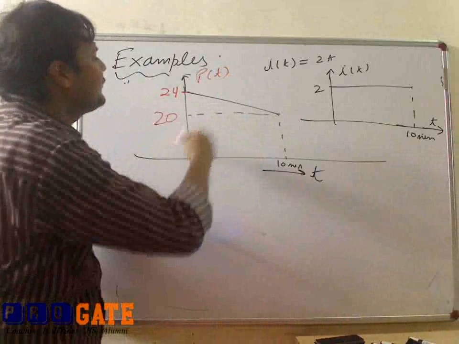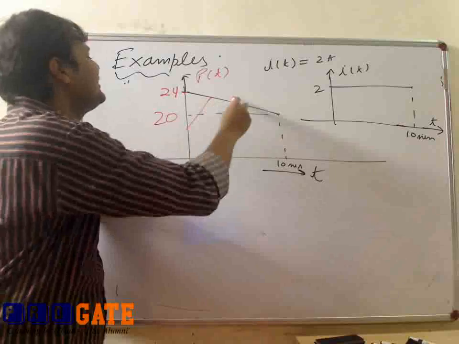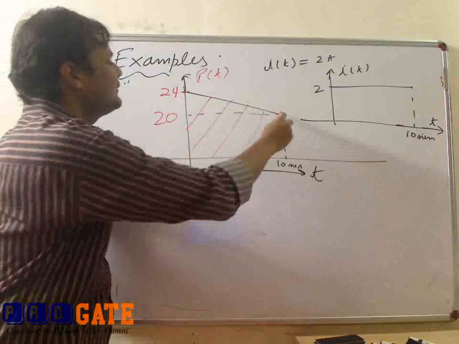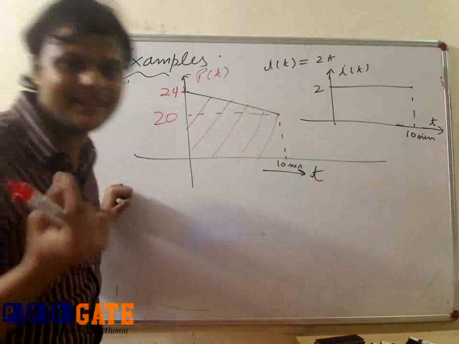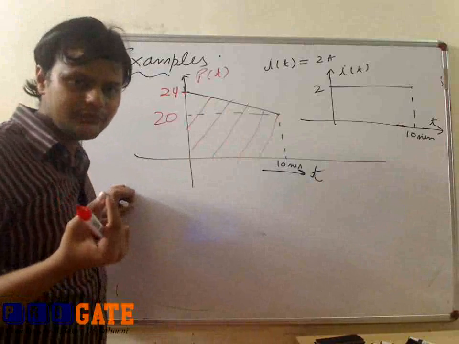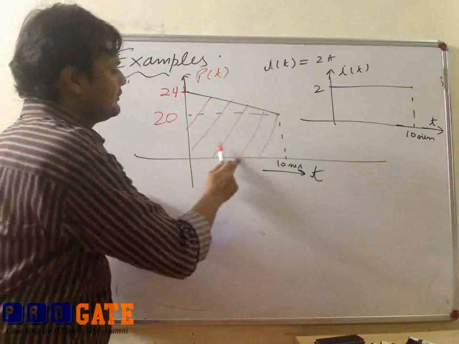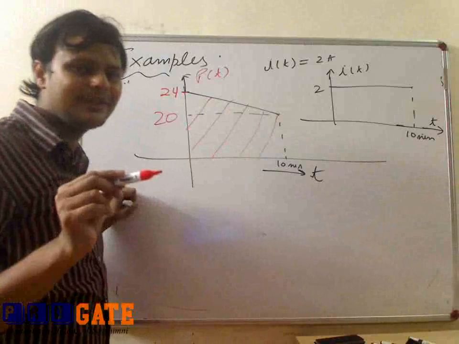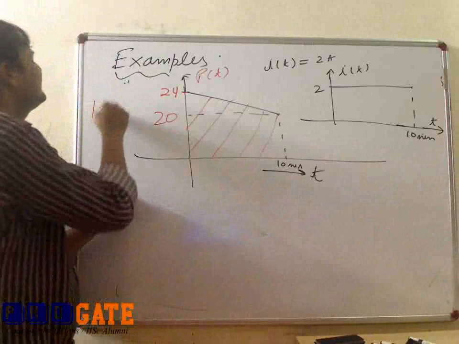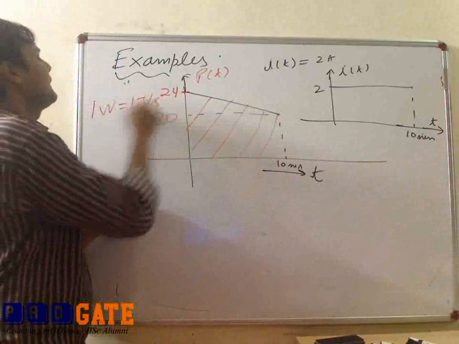If I want to find the total energy supplied, again, what is the definition of power? The energy supplied per second is called power. 1 watt is 1 joule per second. Always remember this fundamental. These are the basics.